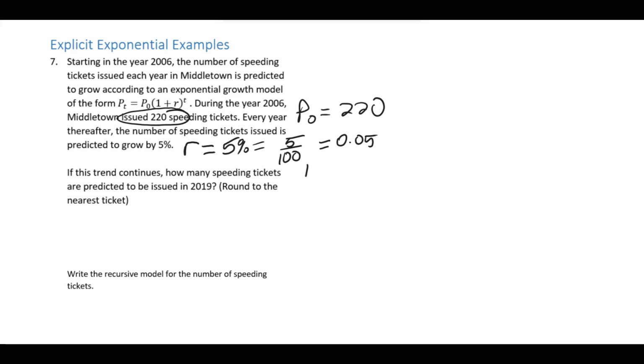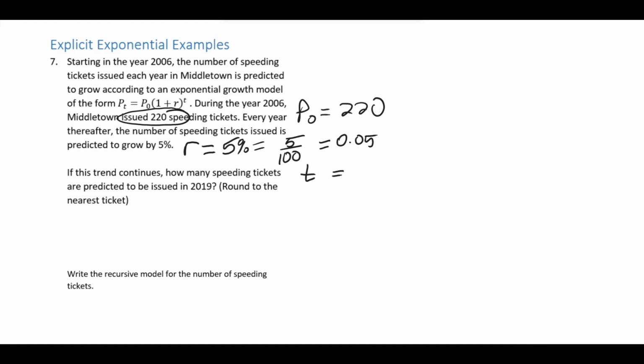So what we can get is that the R value, now 5% literally means 5 over 100, which is 0.05. Furthermore, initially, P sub 0 is 220. And that just leaves us, what does T mean?